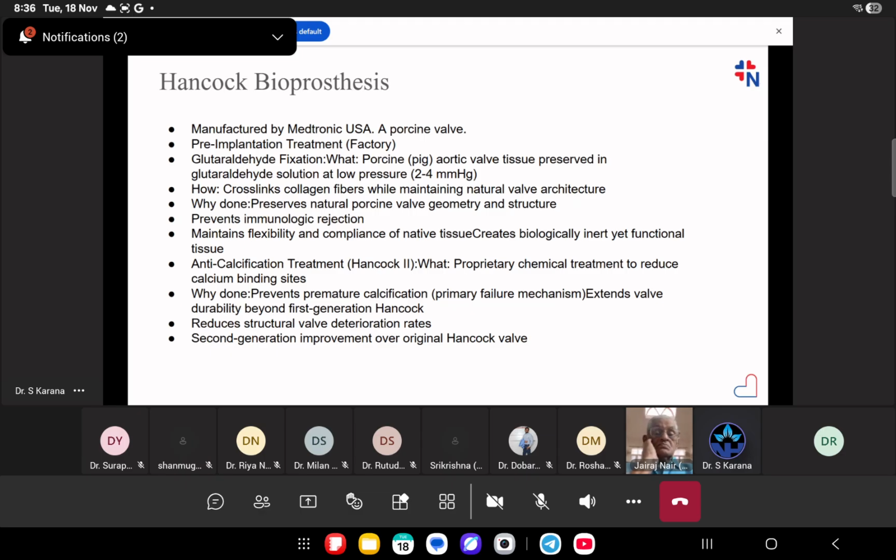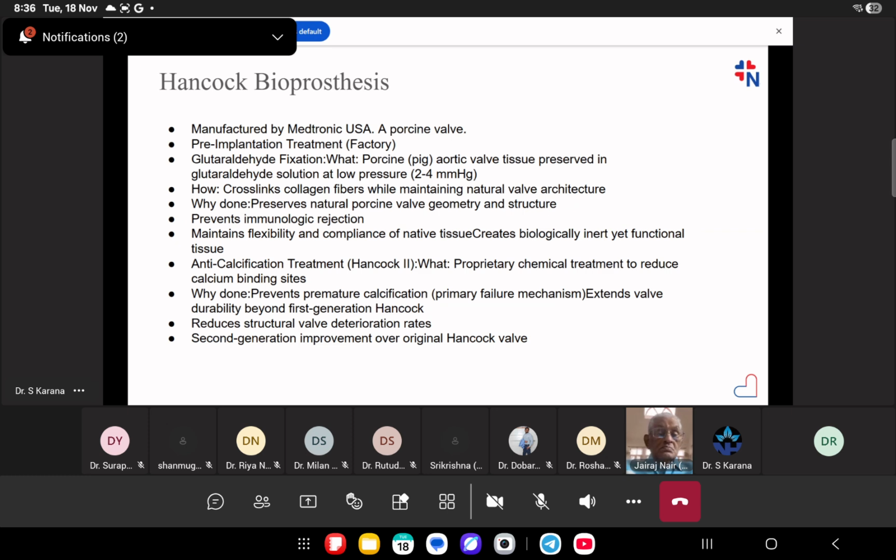It preserves the natural porcine valve geometry and structure. It prevents immunologic reaction. It maintains flexibility and compliance of native tissue valve, and biologically inert properties are engaged. It undergoes anti-calcification treatment with a proprietary chemical treatment to reduce calcium binding sites and reduces structural valve deterioration rates.